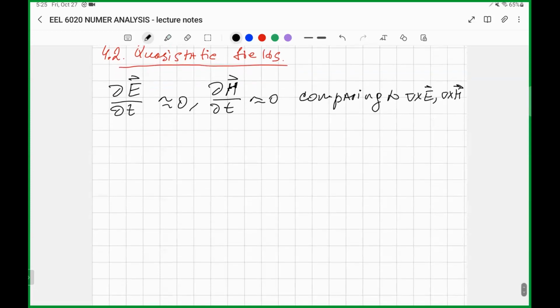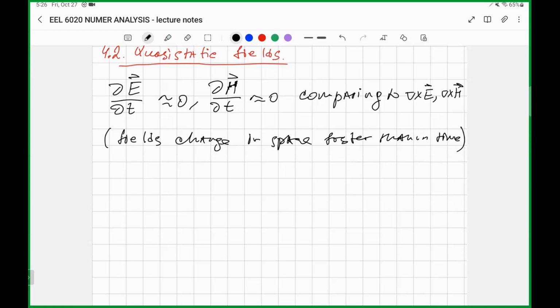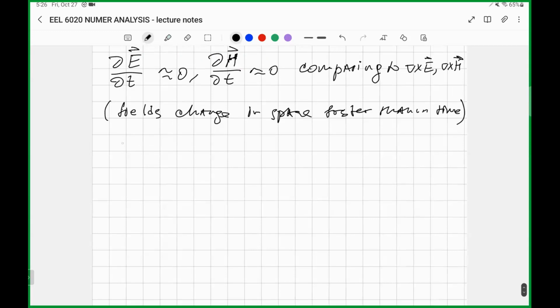It means that fields change in space faster than in time. Or you can say this is the regime of slow fields.